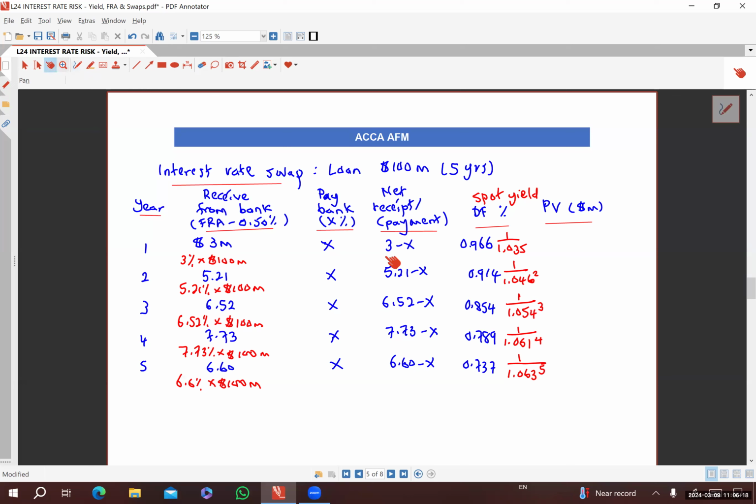So you take this net cash flow times by the present value factor. So 3 times 0.966 is 2.898, yes? Okay. Minus x times 0.966, 0.966x.